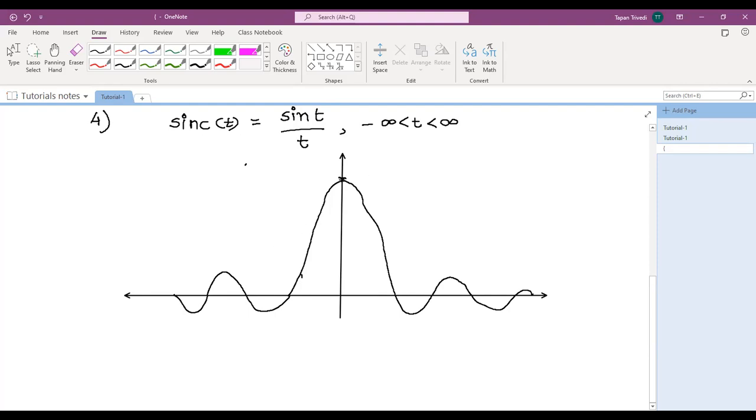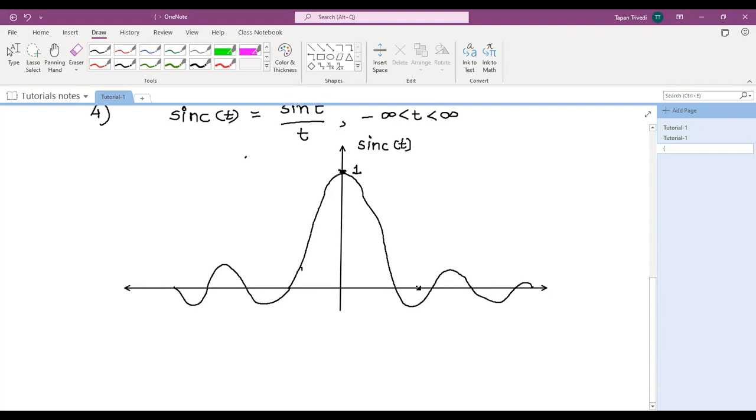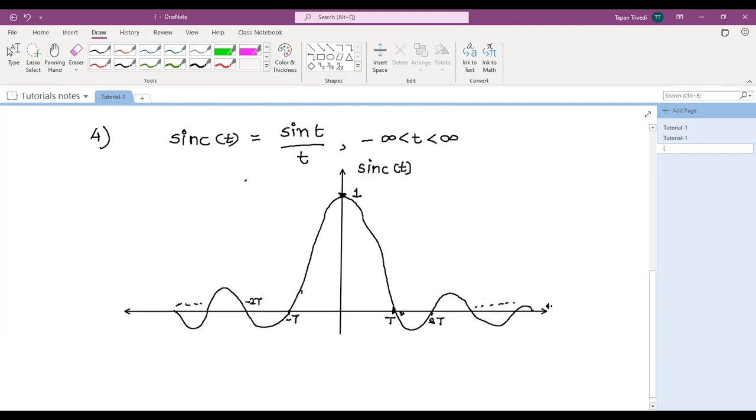This value is 1. Here it will have capital T, minus capital T, 2T, minus 2T, and so on. The x-axis is t. So this is called the sinc function.